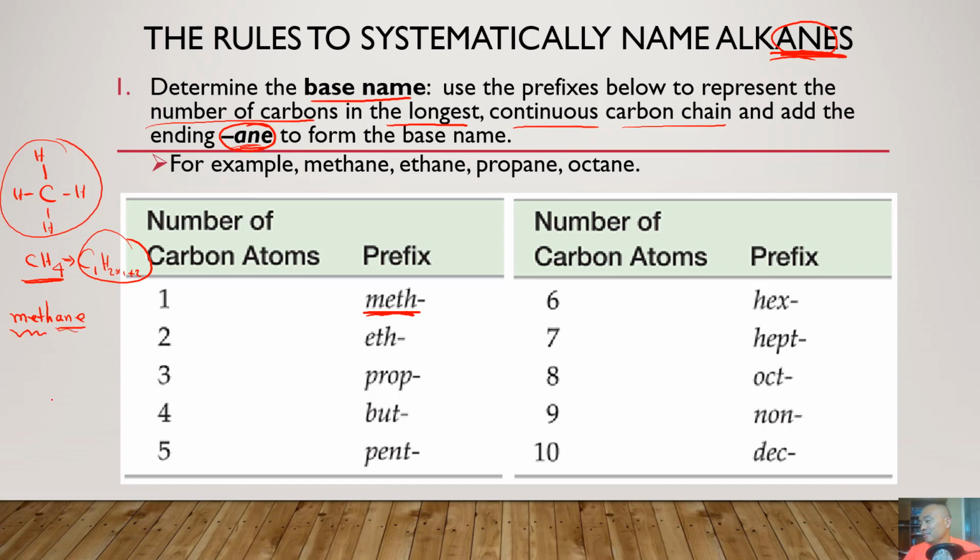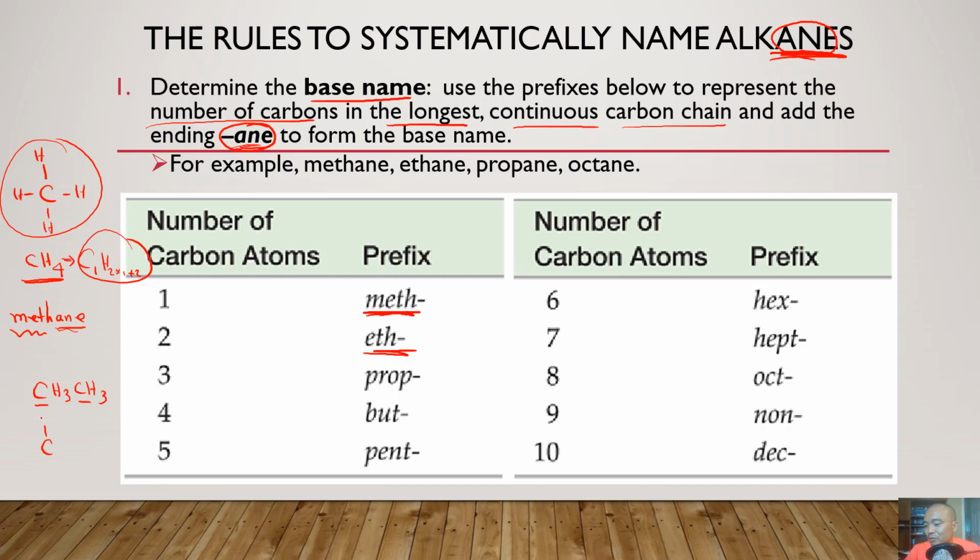Methane. So that's how you name this CH4 over here, right? Eth means 2 carbons. For example, you might have a CH3 and a CH3. This will be called ethane because you have 2 carbons, and they are all single bonds. How do you know?